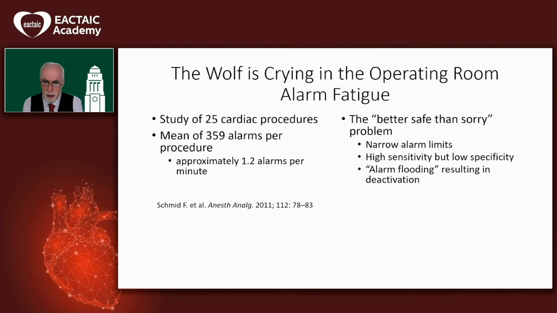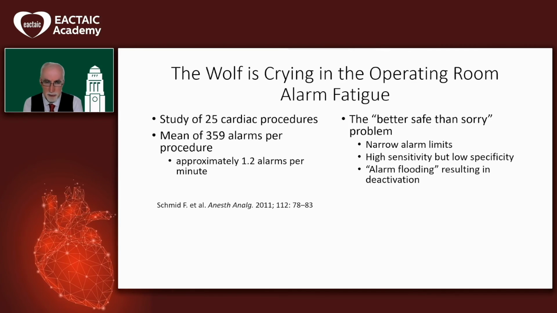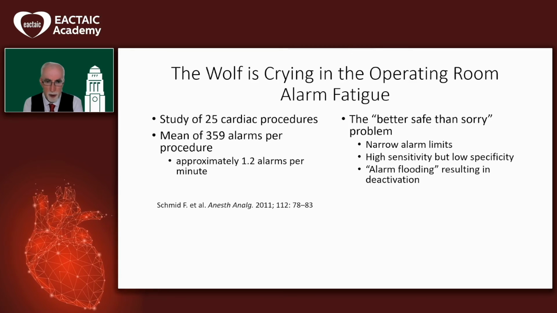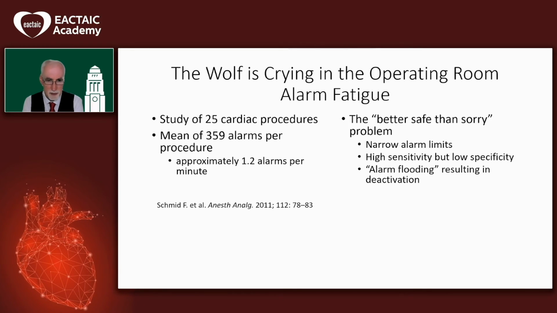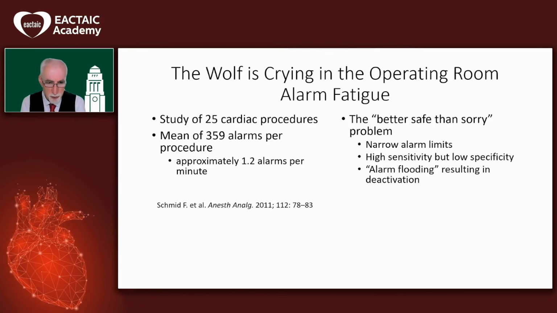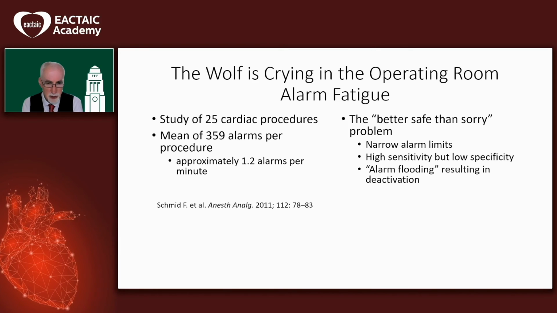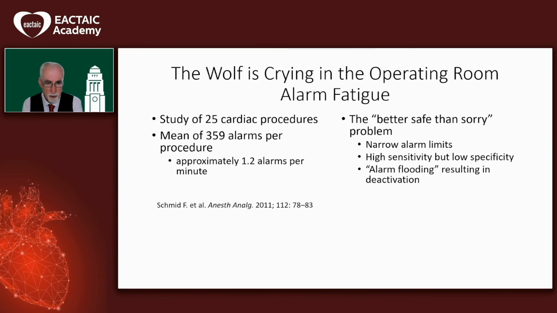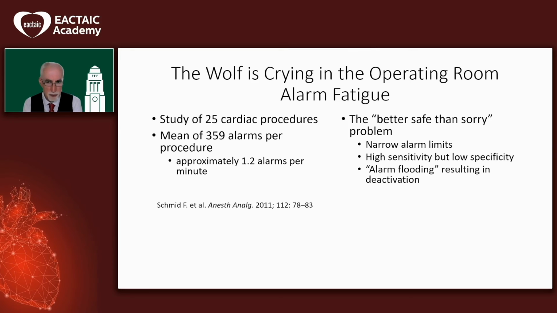And we really need to ask if that's appropriate and why it is happening. And I think this applies whether we're talking about the ECG alarming, or whether we're talking about advanced monitoring modalities. And I think a lot of it is around a better-safe-than-sorry approach, particularly to setting alarm limits.